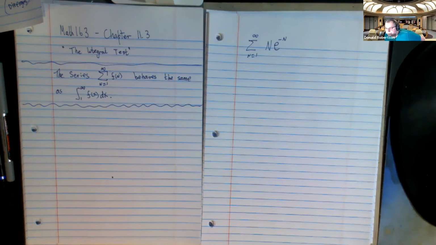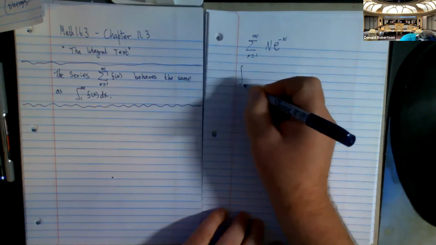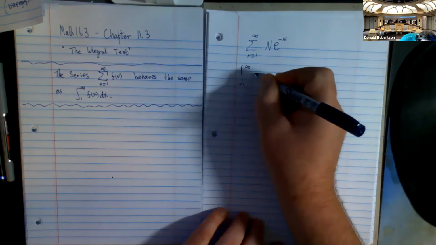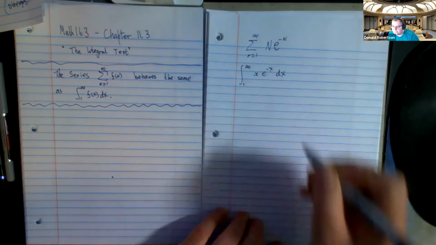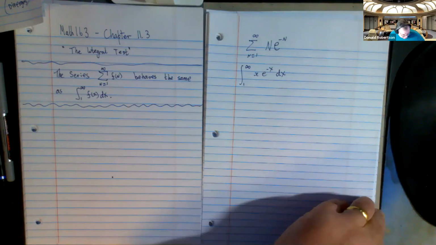Well, the equivalent is that guy, right? So we're going to find out what that integral looks like. If it converges to a number, then the series converges. If it diverges to infinity, then the series diverges.